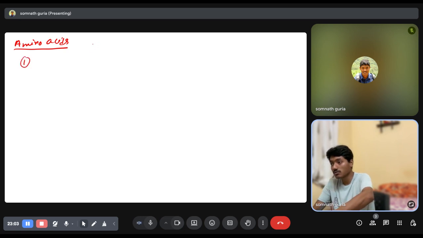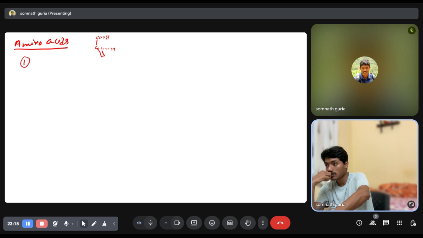Its basic structure will be something like my COOH, carbon, hydrogen at the back, my NH2 over here, and this one will be my R. This is the common structure of the L amino acid.